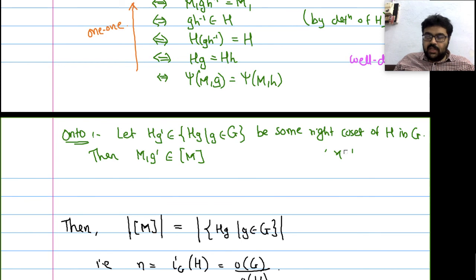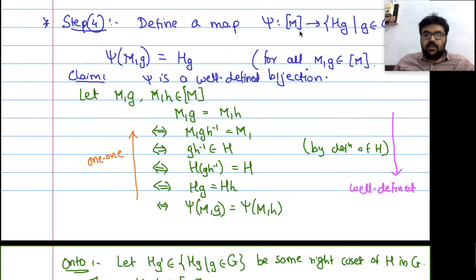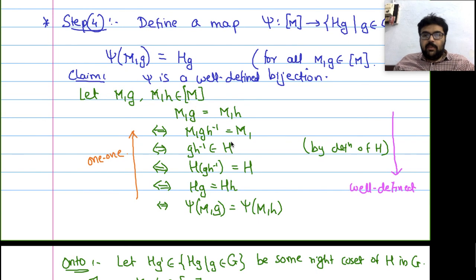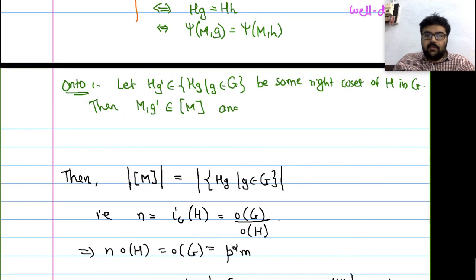But m1g', where g' is an element of G, is equivalent to m1 by the definition of the equivalence relation. So m1 is in M, so it is in the domain. And what if we apply psi? Psi of m1g' equals Hg'. So that psi is onto.